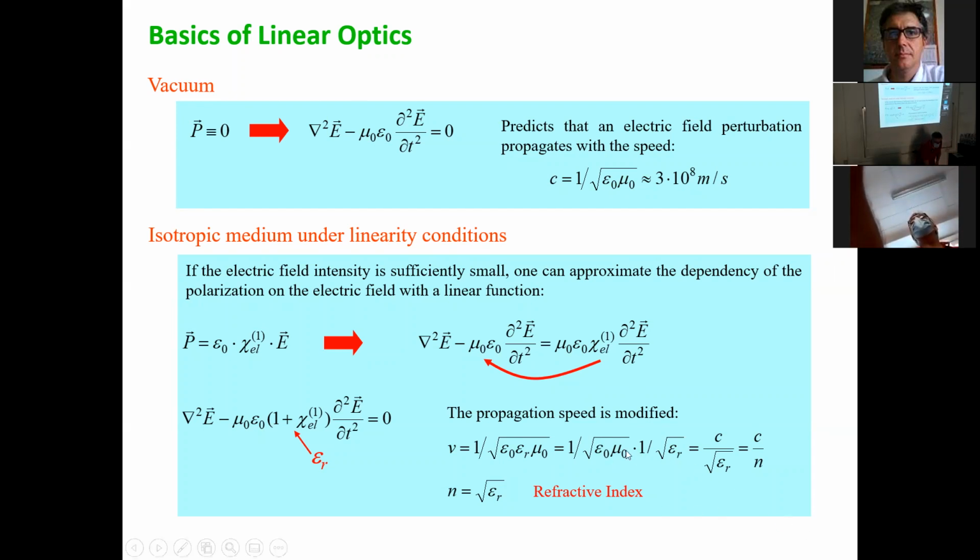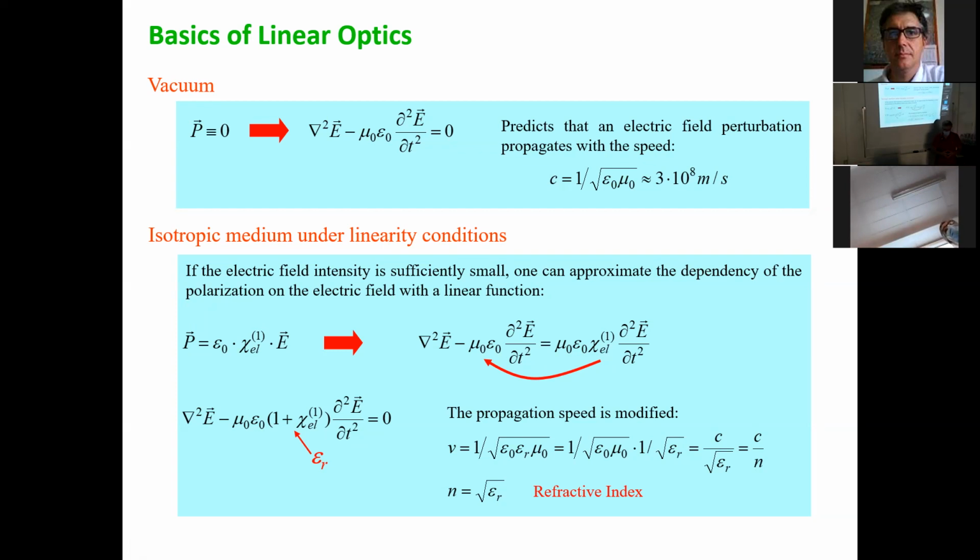You are separating here: the first term is the speed of light in vacuum, what we defined before. And the speed of light in a medium is the speed of light in vacuum divided by the square root of the relative dielectric constant, that you call the refractive index.